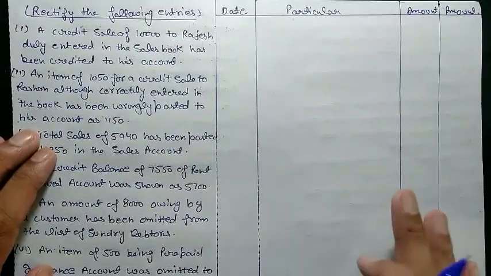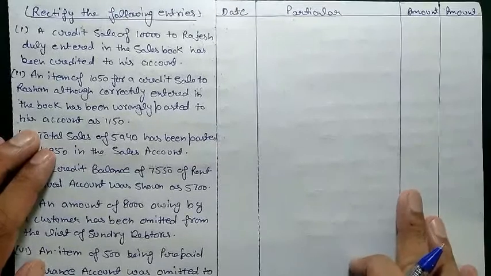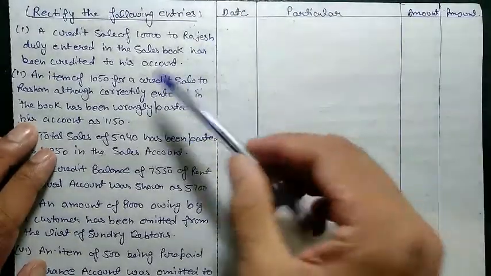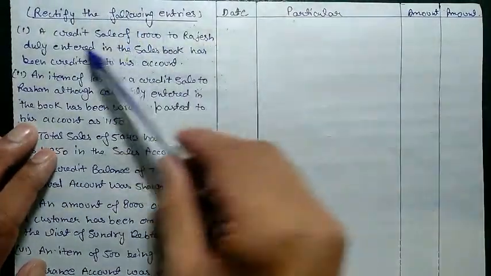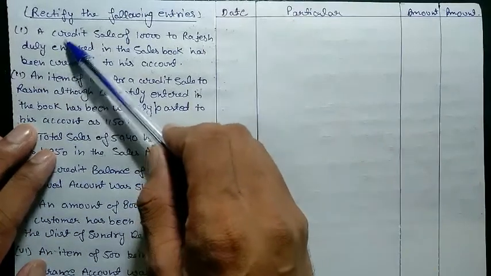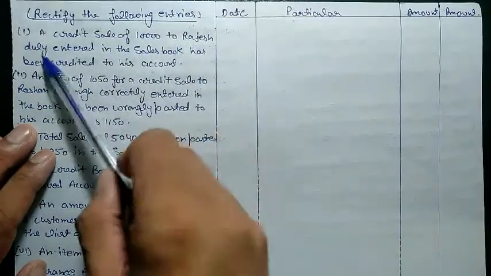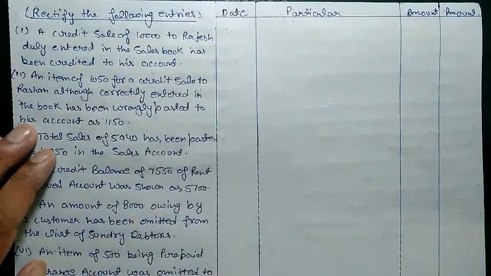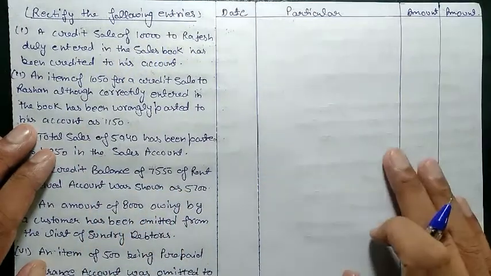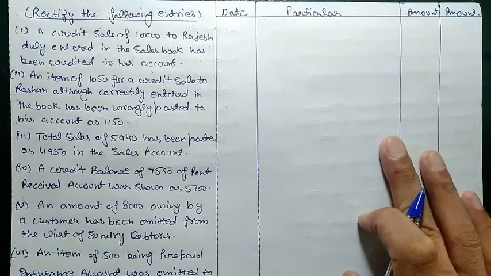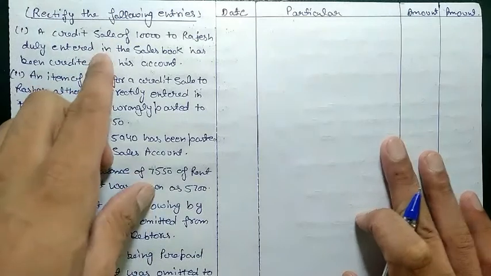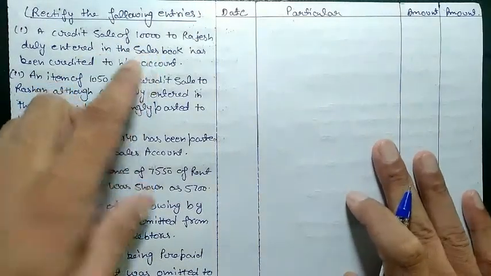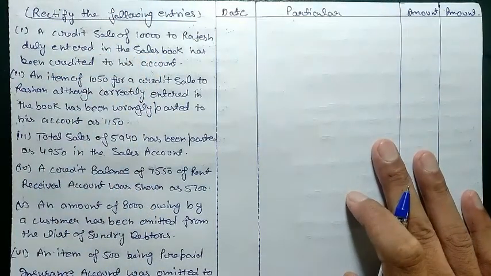Okay, then we will have another question for single sided error, in which we have to rectify the following entries. First entry is a credit sale of 10,000 to Rajesh, duly entered in the sales book, has been credited to his account. Means when we have a credit sale to Rajesh, the entry will be Rajesh account debit to sales. But we have correctly entered it in the sales book.